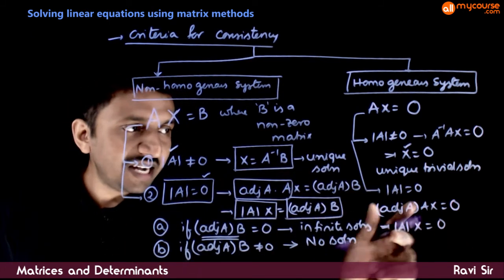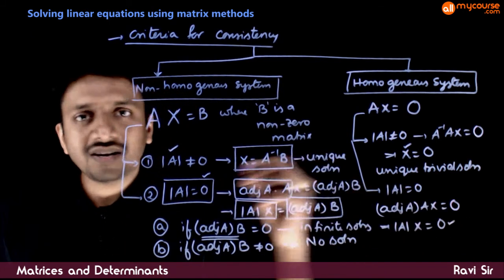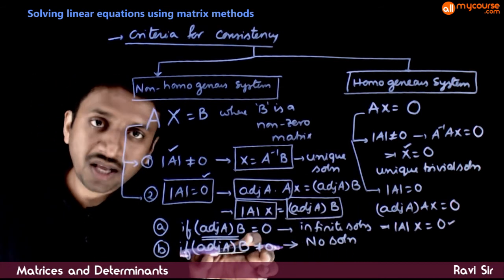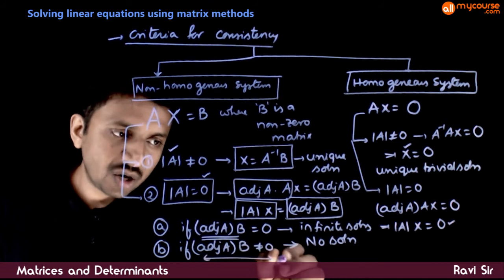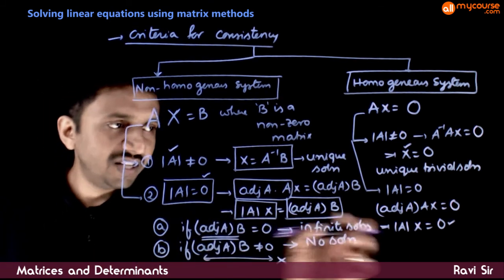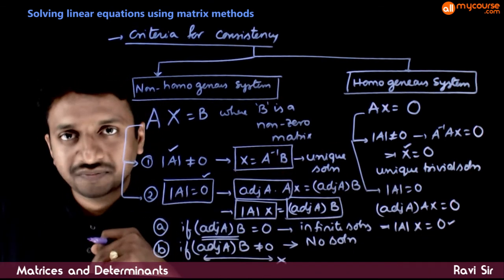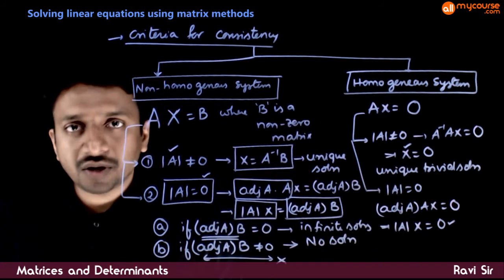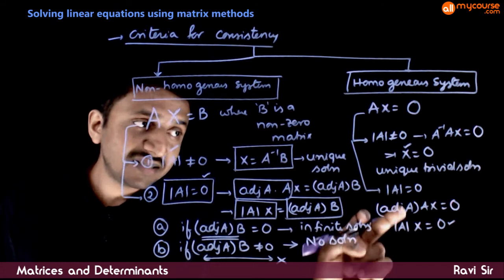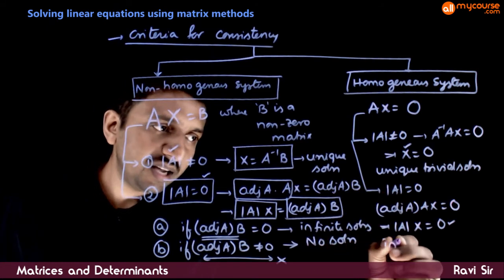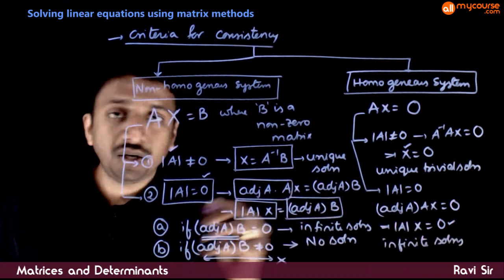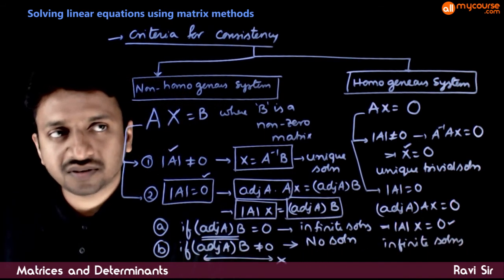So this time the right hand side is automatically equal to 0. So the right hand side not equal to 0 case does not arise. That means there is no case of no solution. So if det A is not equal to 0, you have a unique solution. If det A is equal to 0, you have infinite solutions. So you have only two cases for homogeneous equations.